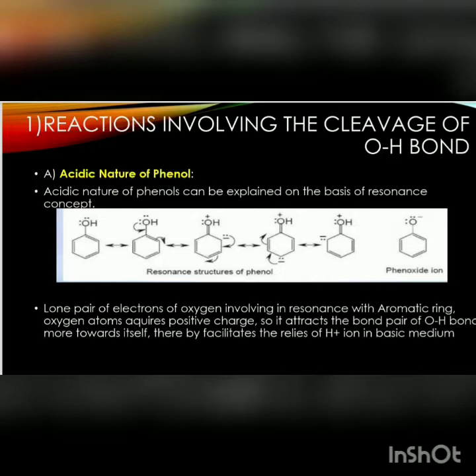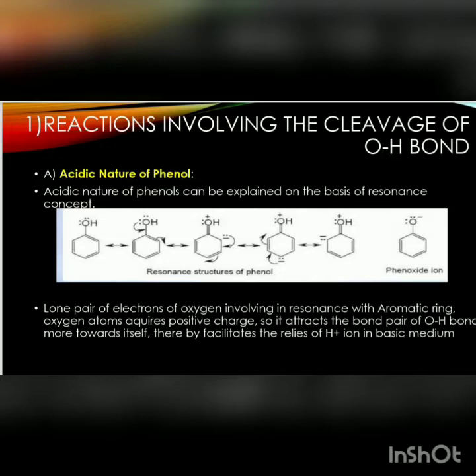The acidic nature of phenol can be explained on the basis of the resonance structures of phenol. You see the resonance structures of phenol. In these resonance structures, the lone pair of electrons of oxygen is involved in resonance with the aromatic ring.